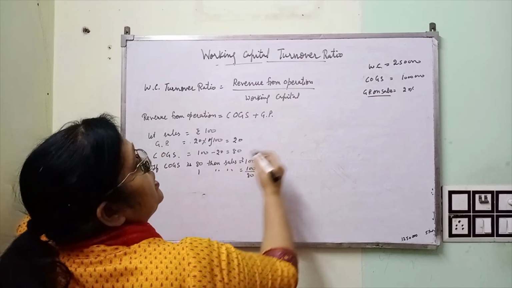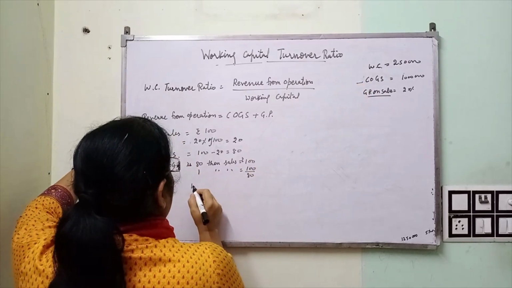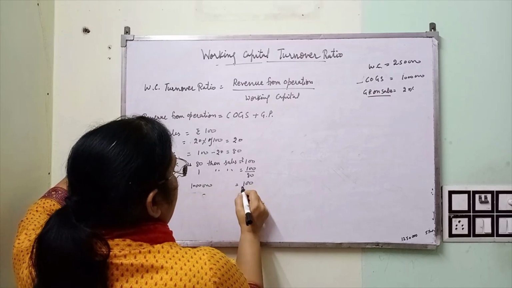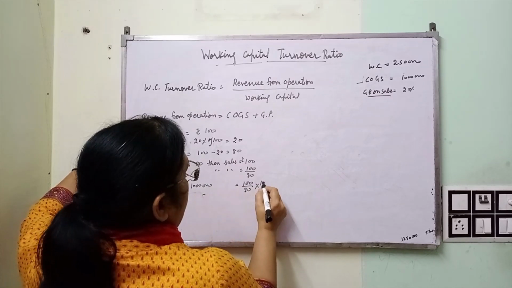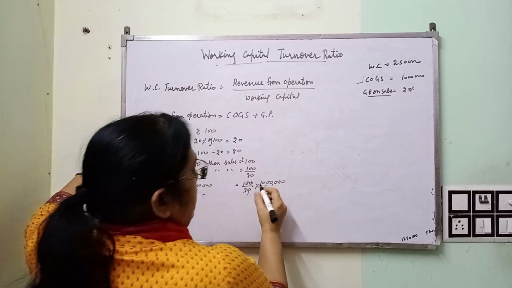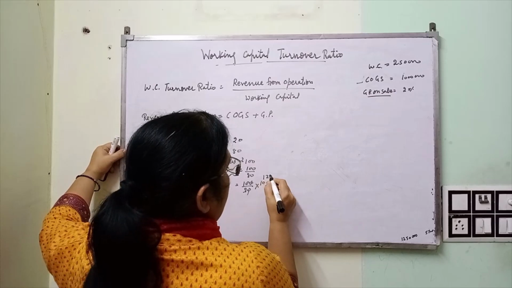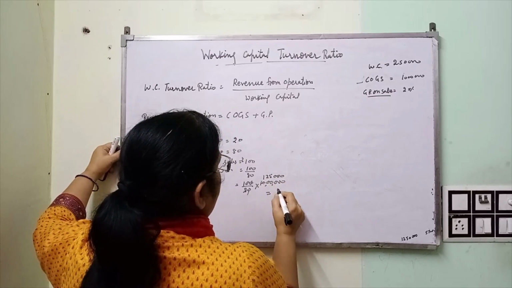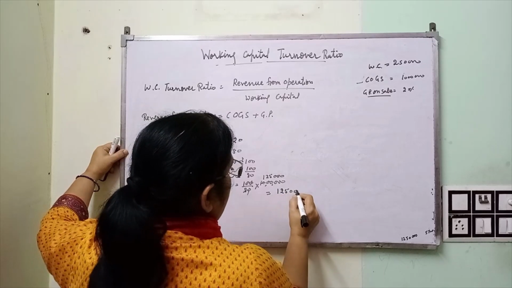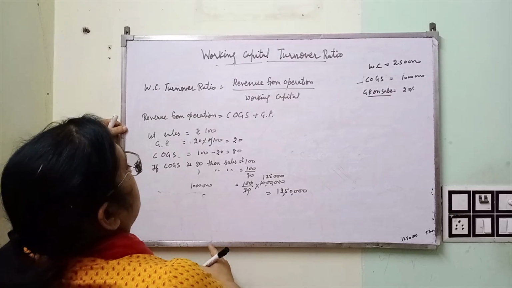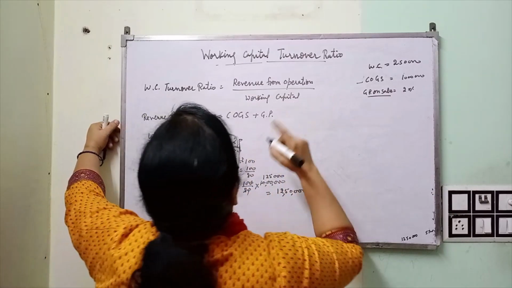And if COGS is given, that is 10 lakh, then the sales will be 100 upon 80 multiplied by 10 lakh. It comes to rupees 12 lakh 50,000. And working capital is given to you.